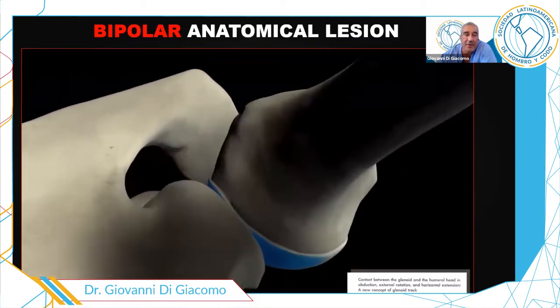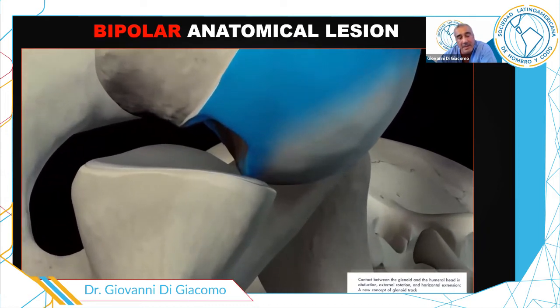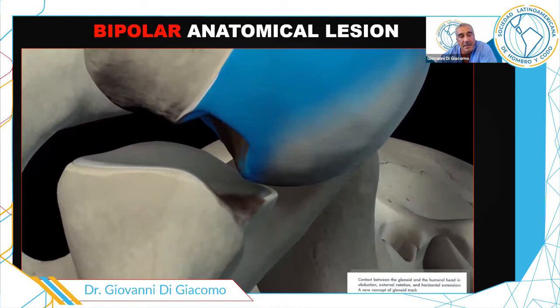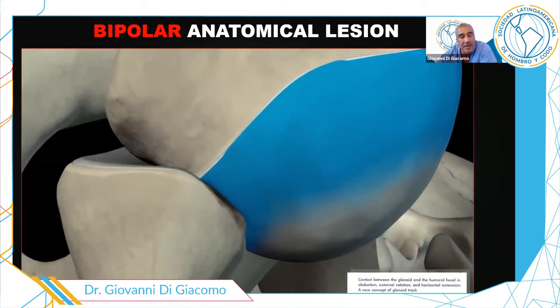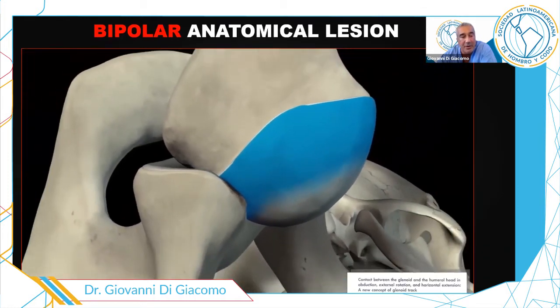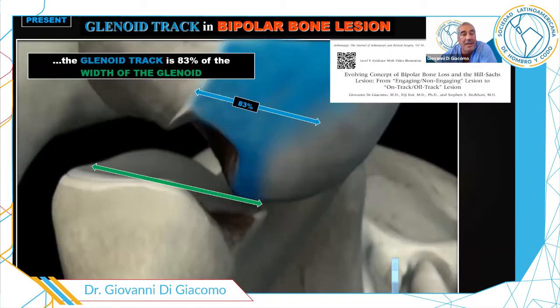In anterior inferior instability, we describe the glenoid track concept, which is interesting because it keeps in mind the interplay between the Hill-Sachs lesion, the bone defect on the head, and the bone defect on the glenoid. The interplay of the bipolar lesion is one of the key points in anterior inferior instability.